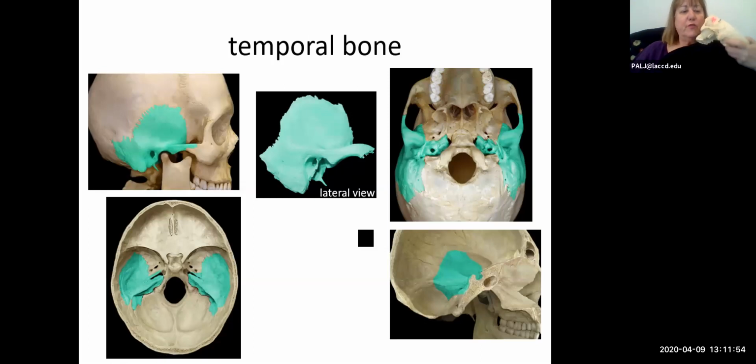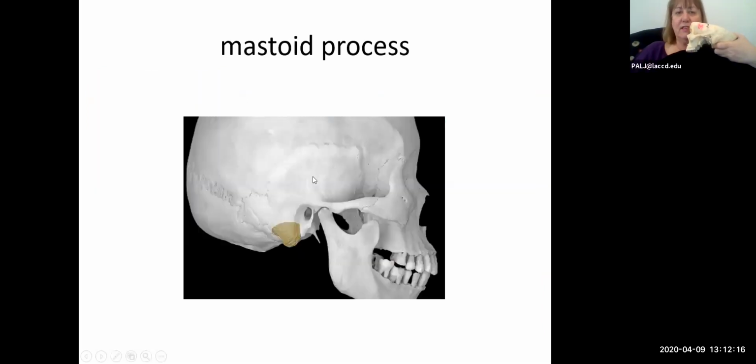All right. So the first thing I want you to do is look on the side view, find the ear hole, go posterior and inferior. So on this picture, find the ear hole, go posterior and inferior. And now we are where that downward, upside down mountain is.